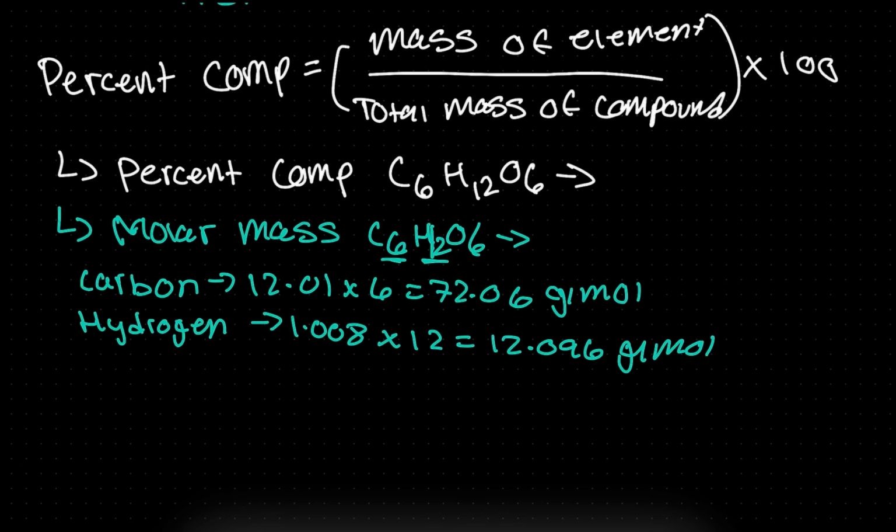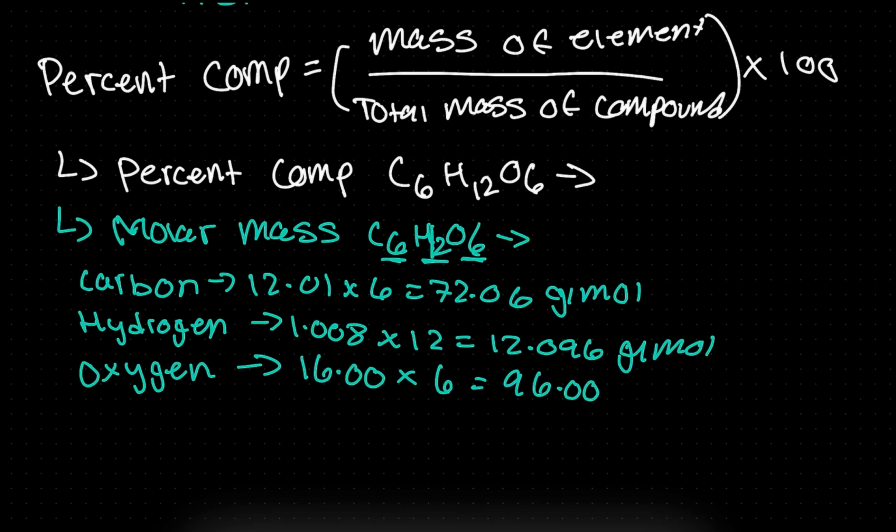And then we do oxygen, which is 16, which we can see on the periodic table. It says C6H12O6 over here, right? So that means we multiply by 6, which means we would get 96.00 grams per mole.